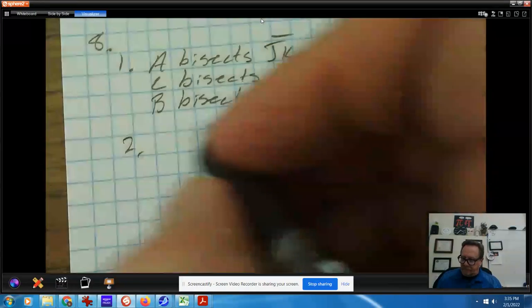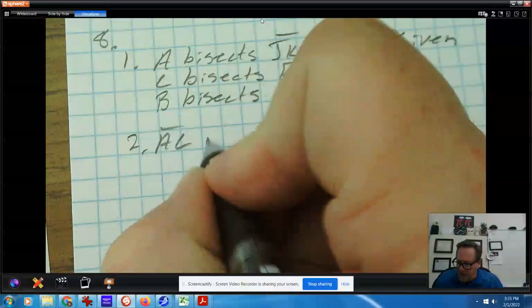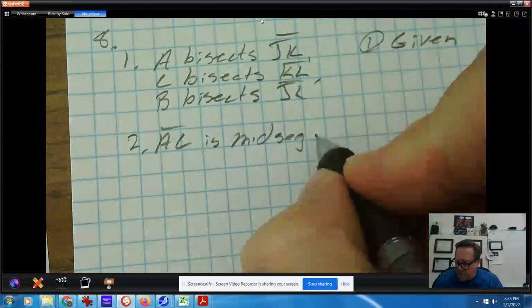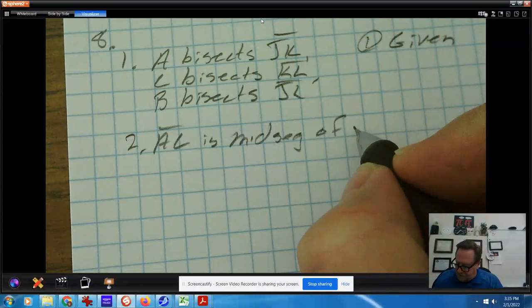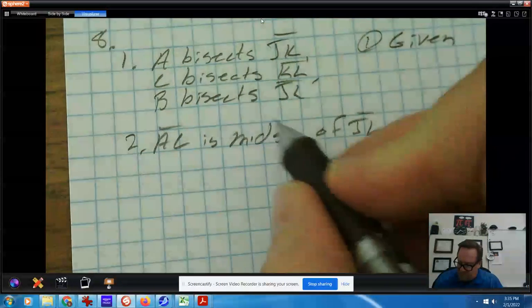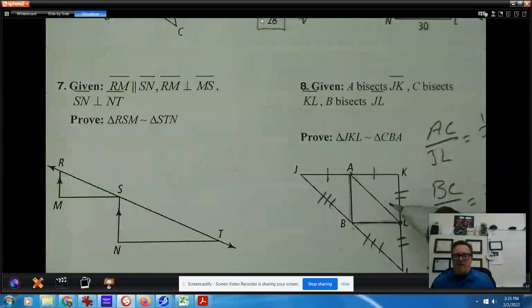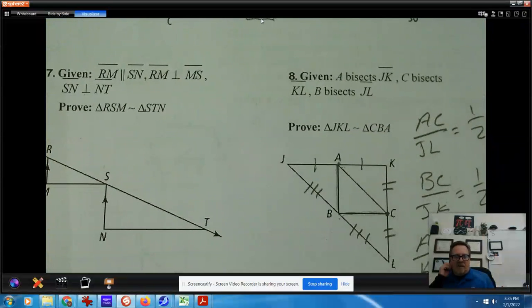Second step, I'm going to say AC is mid segment of JL. Okay? AC is the mid segment connected with JL, right?